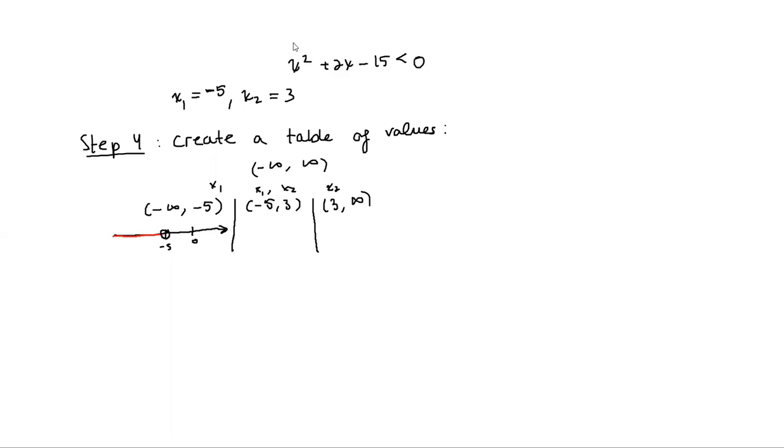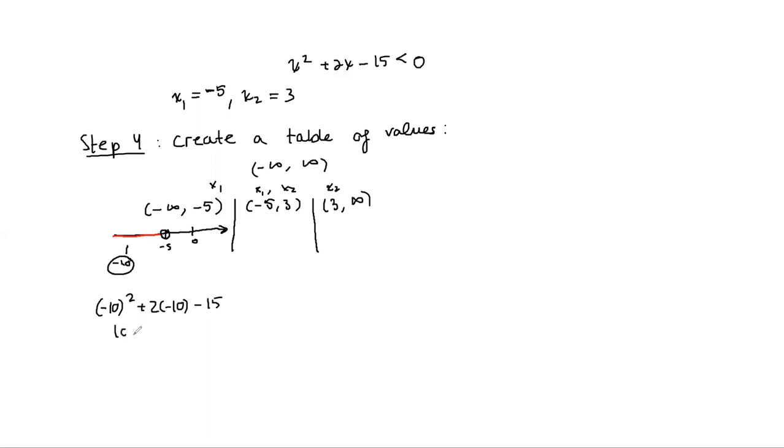So suppose I take a random value, we'll call that value minus 10, because minus 10 is clearly between, okay? So if I take minus 10 and test it in the function, let's see what happens. Minus 10 squared plus 2 times minus 10 minus 15.